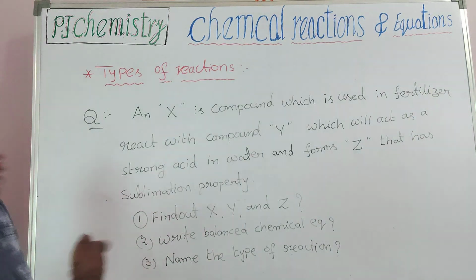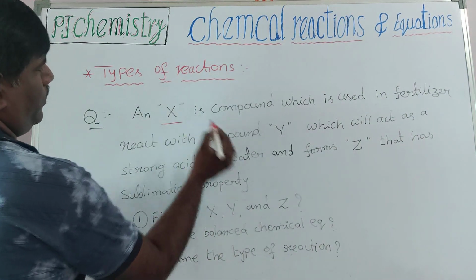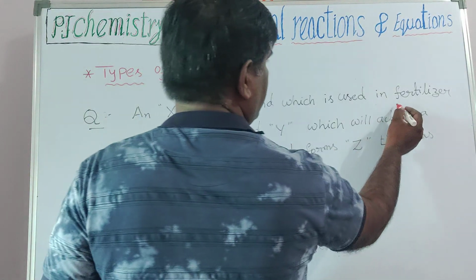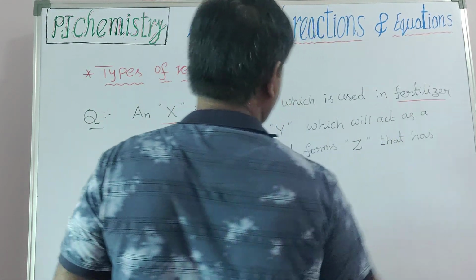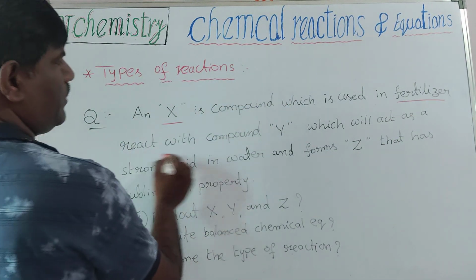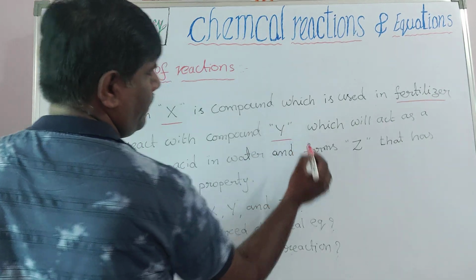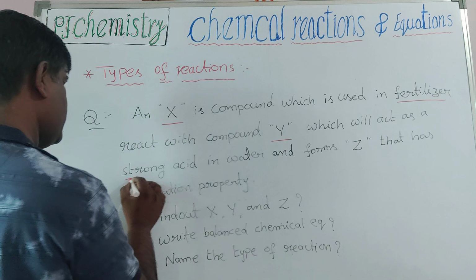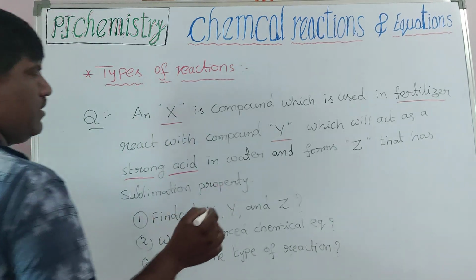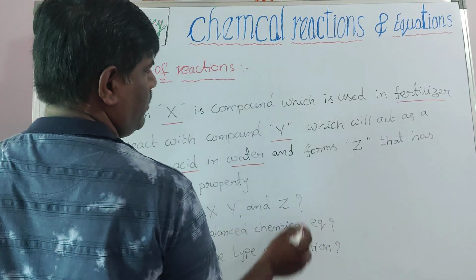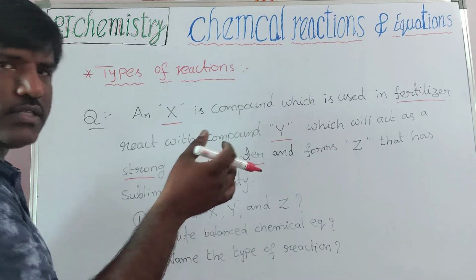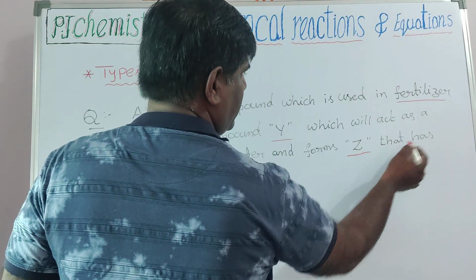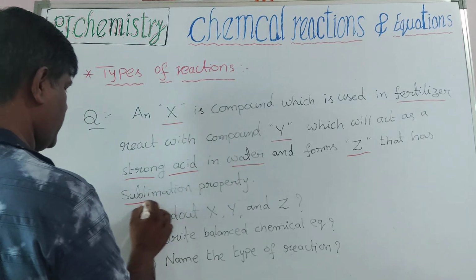See here, X is a compound. Our hint is that it is used in fertilizer, reacts with compound Y. Compound Y will act as a strong acid in water, meaning in aqueous medium it will act as a strong acid, and forms Z that has sublimation property.